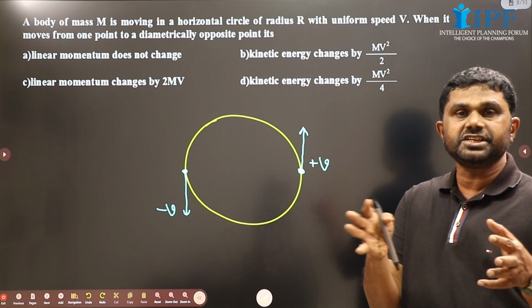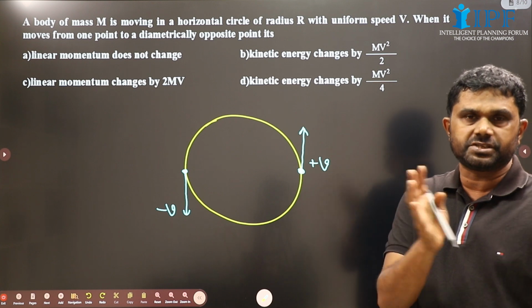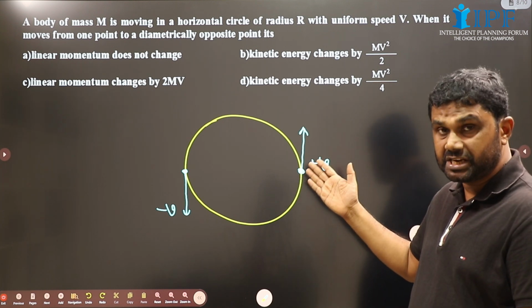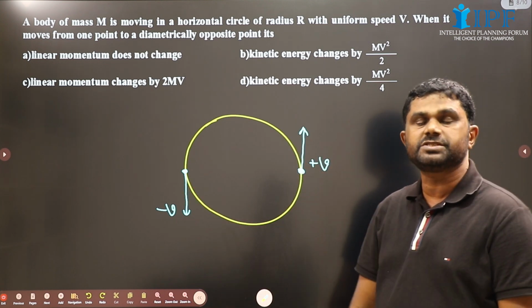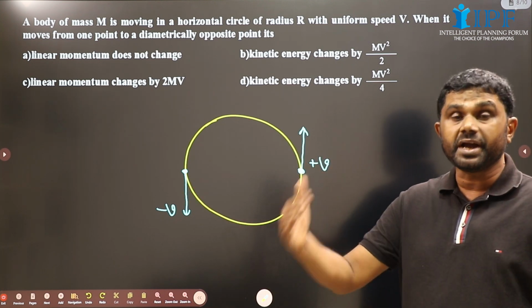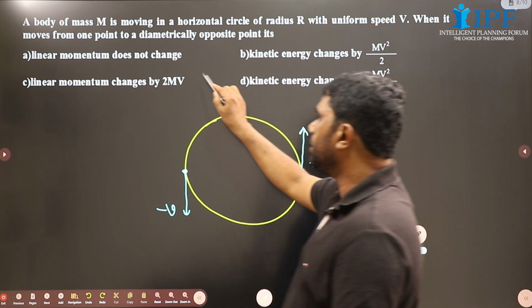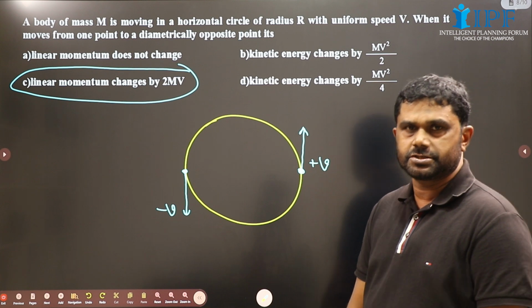How do you find the change in linear momentum? In physics, change means always final minus initial. So this is the final linear momentum, this velocity multiplied by mass, so it is mv. And initial linear momentum is minus mv. So mv minus (minus mv) will be 2mv. So the linear momentum changes by 2mv, that's a true statement.